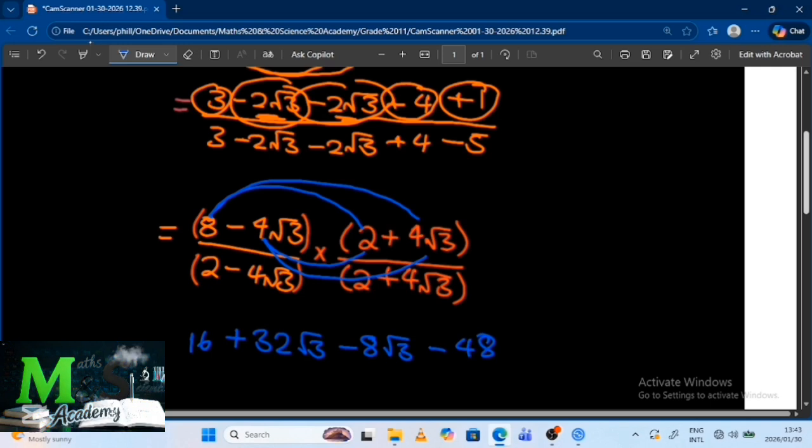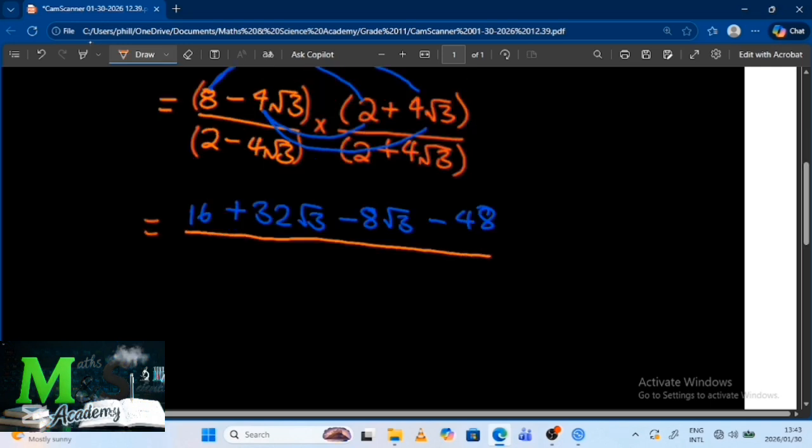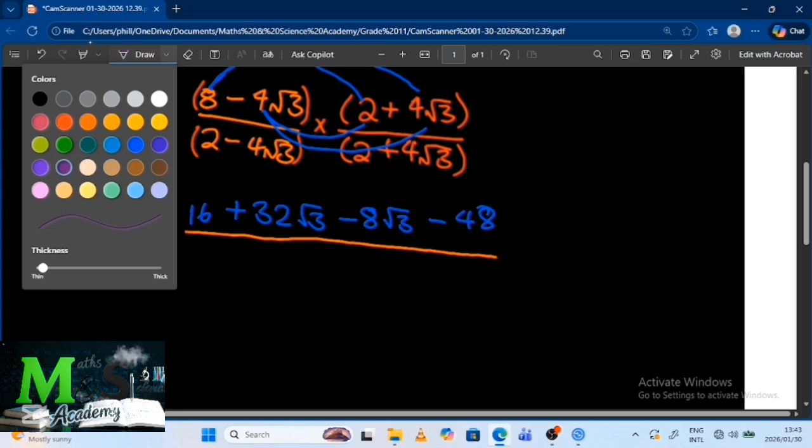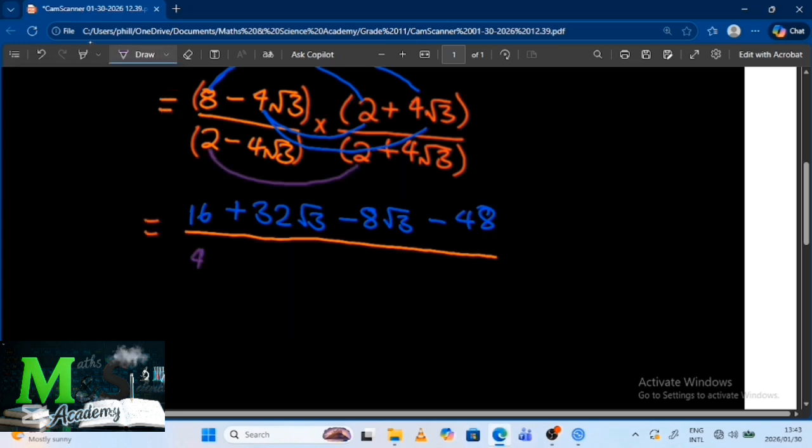Continuing with the FOIL method on the denominator, we multiply 2 and 2, giving us 4, then 2 multiplying 4 root of 3, giving us 8 root of 3, and negative 4 root of 3 multiplying 2, giving us negative 8 root of 3, and negative 4 root of 3 multiplying positive 4 root of 3, giving us negative 48.